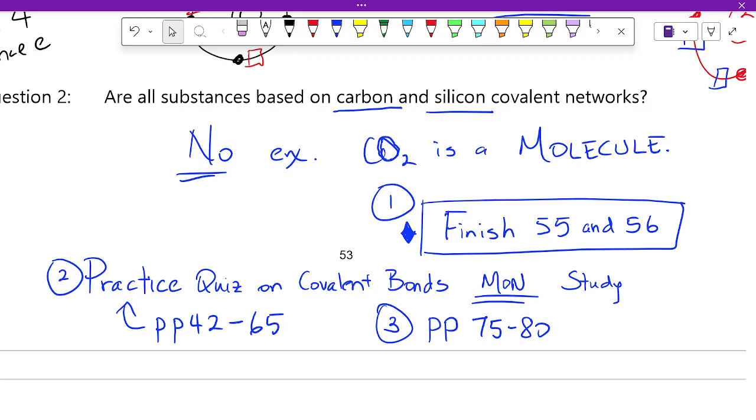I literally don't know the answer for this one. I just wrote molecule. I guess we'll have to, or you can look at the answer key.